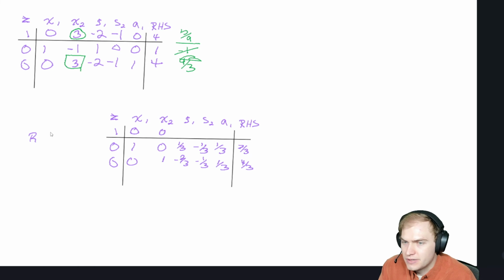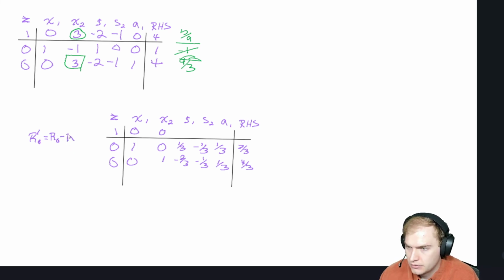So we tack this on, we say R0 prime is R0 minus R1. Not R1 prime, just R1, because we have the 3's lining up there.